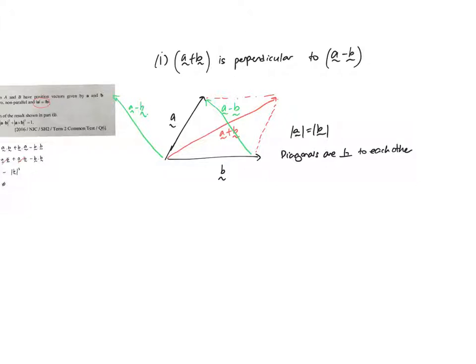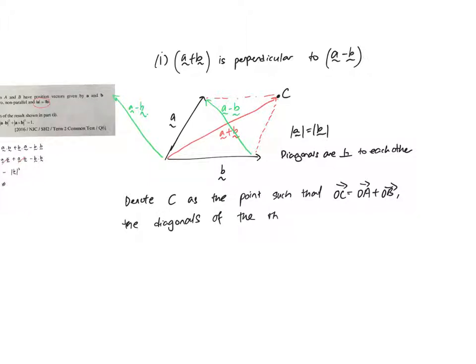I mean, if we denote C, let's say I call it C, as the point such that OC is the same as OA plus OB, then the diagonals of the rhombus, okay, here we can say it's a rhombus and not a parallelogram because the magnitudes of A and B are equal, alright?